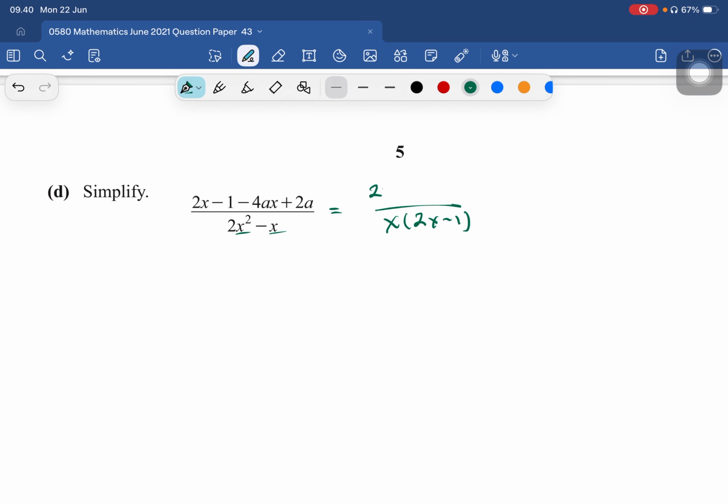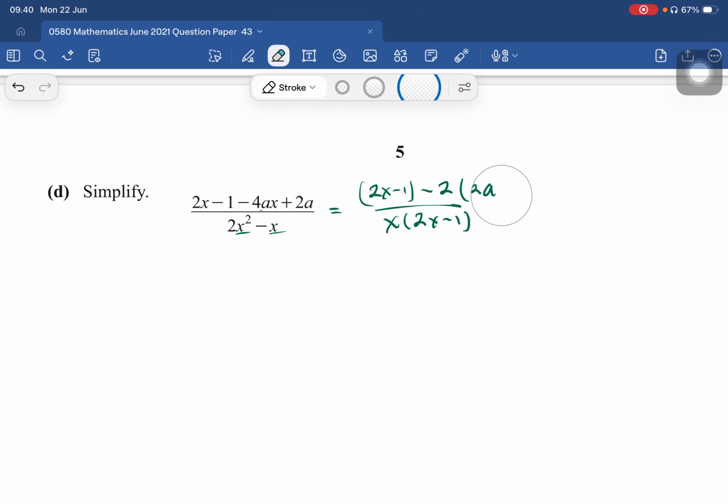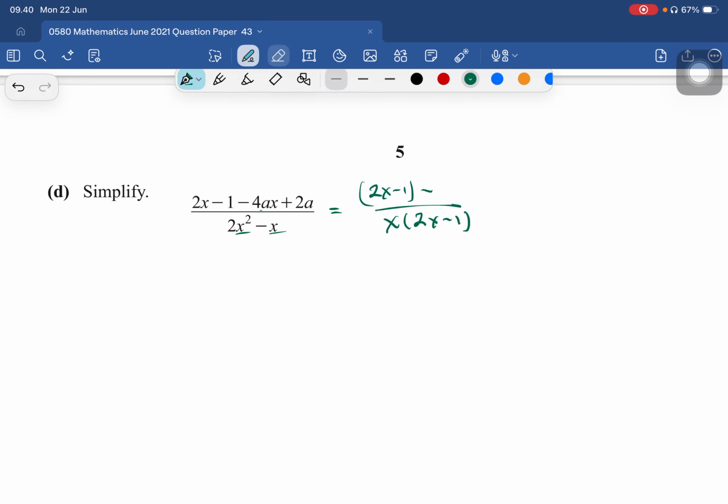Okay, here also 2x minus 1, minus, and we can take out 2a here.